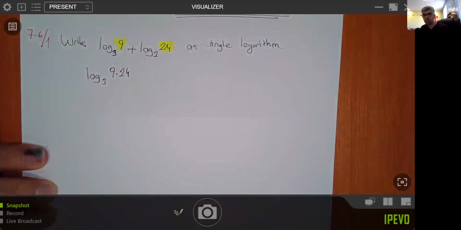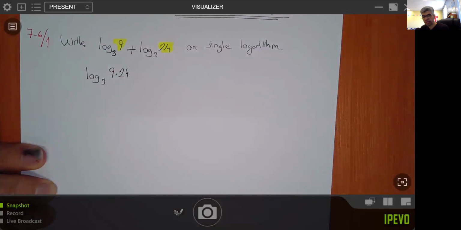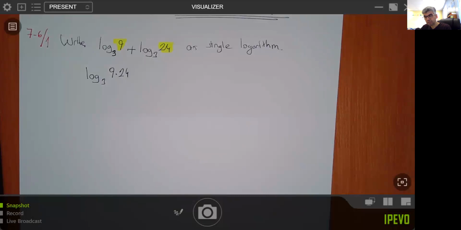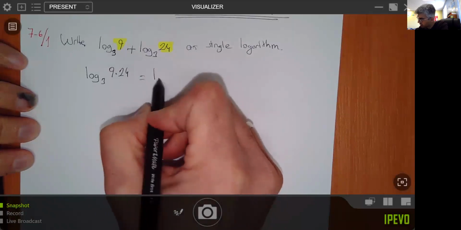Did we finish? No. Do I have to multiply 9 and 24? No. What do I have to do? Be careful. 8 and 24. Be smart. You are right. So we can write 9 as a power of 3, and 24 we can write as a product of 8 and 3. So we can write it more simply.